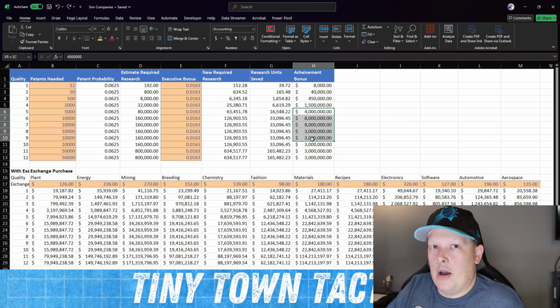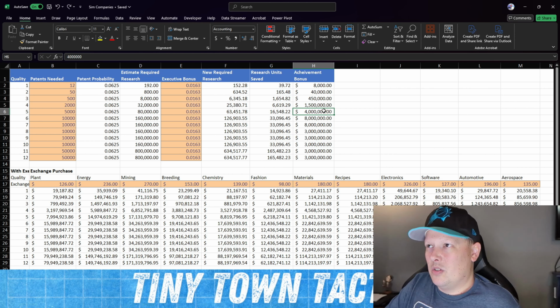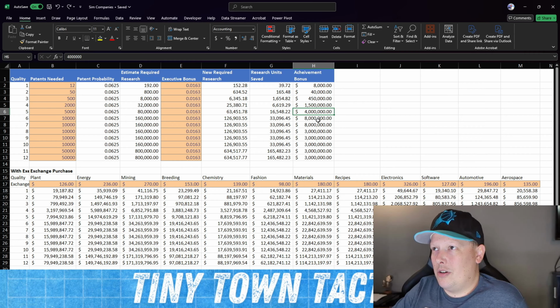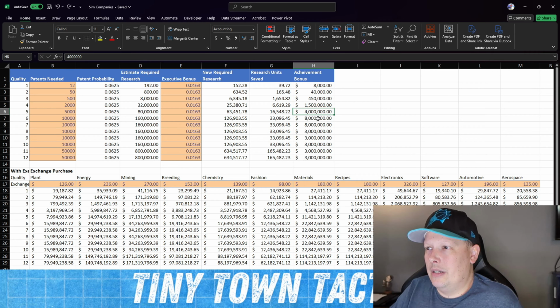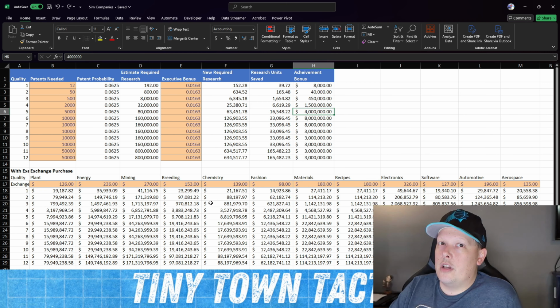I put the amounts that you get also for the achievements, because that's what you should be going for in this game. I know there's not really a lot to go for. The government orders are my next thing I think I'm going to try and go for, but I need to do some more research on that. So this is the research tab.